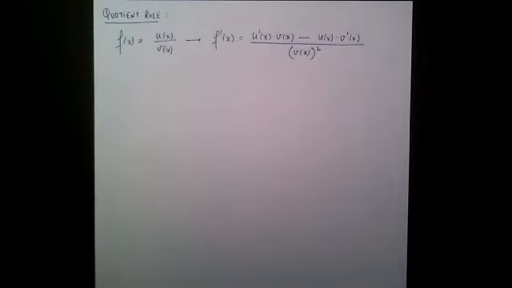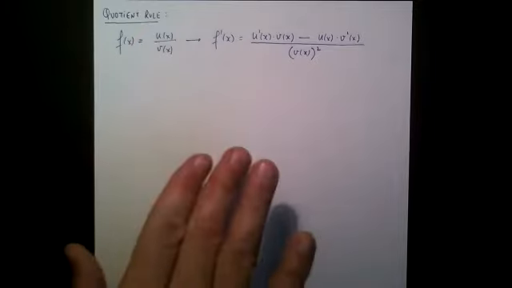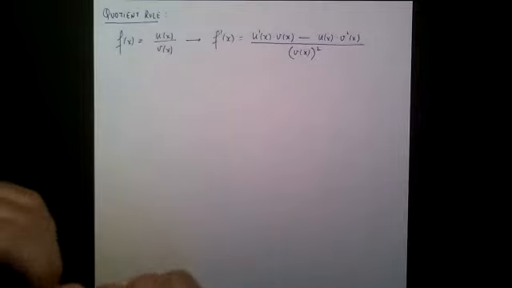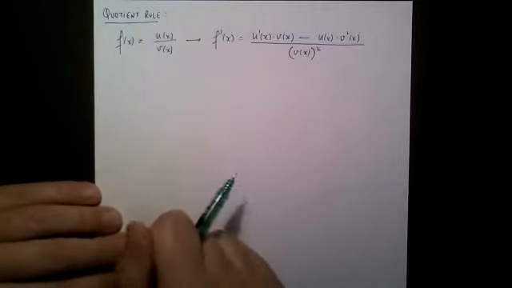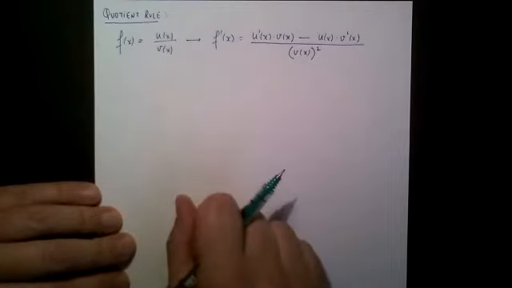This is the quotient rule. You have to remember this in your sleep. I could wake you up in the middle of the night, and you have to be able to give me this, because you're going to use it every time throughout the course.